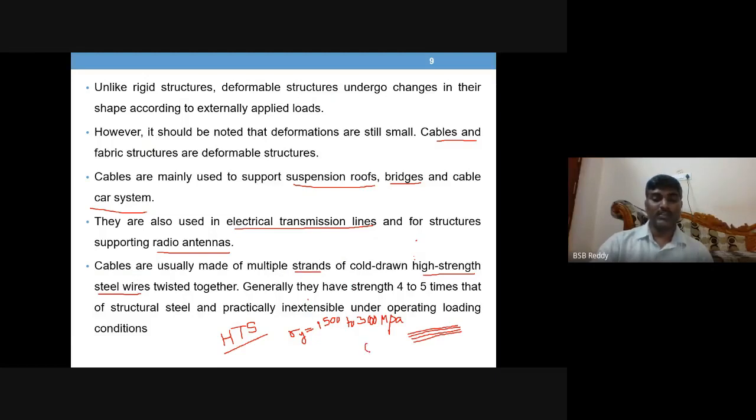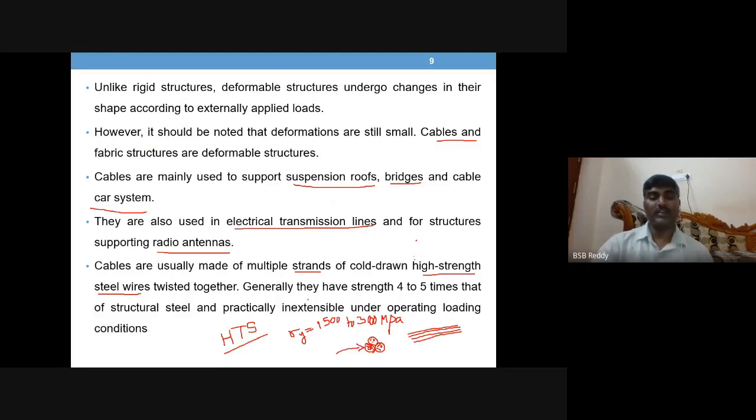Such strands, like say 1, 2, 3, 4, something like that. Another strand, another strand. Each consisting of some 3 or 4 cables, like HTS wires. So this is called a cable.